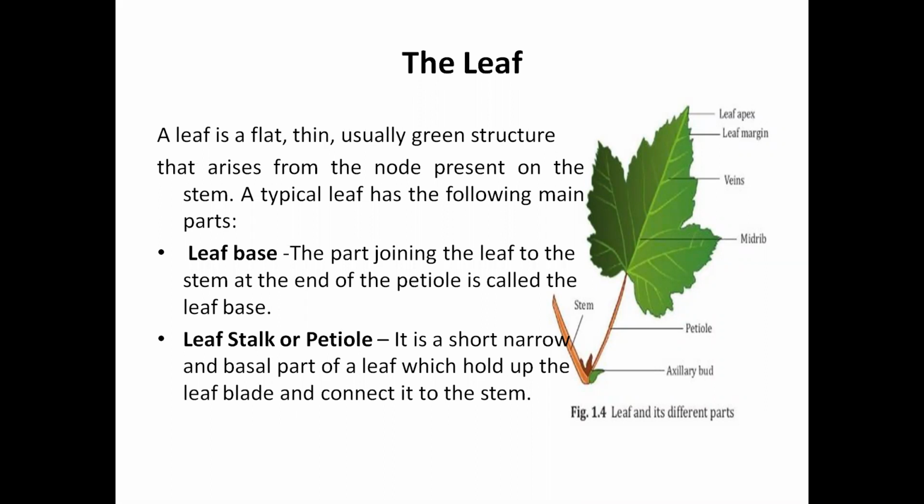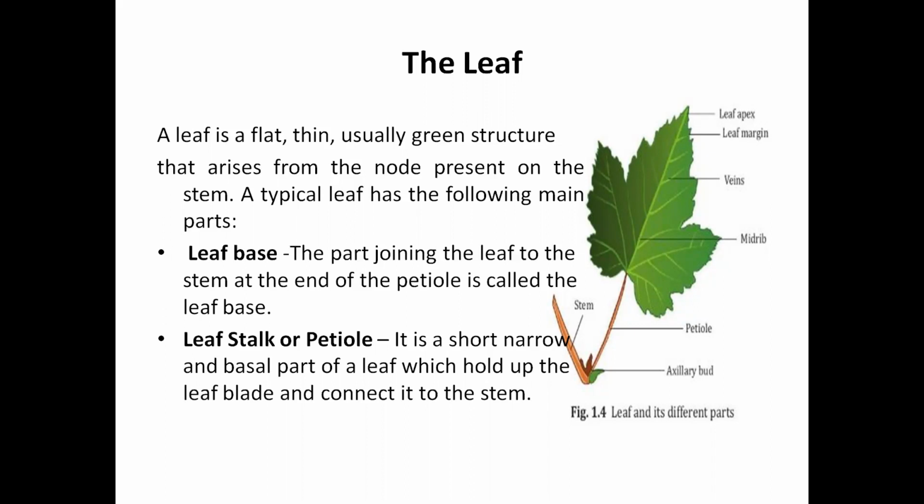It is a short, narrow and basal part of a leaf which holds up the leaf blade and connects it to the stem. Most leaves connect with the stem like this. You can see in the picture, and they are called petiolate leaves. In some plants, the petiole is absent and the leaf directly arises from the stem.